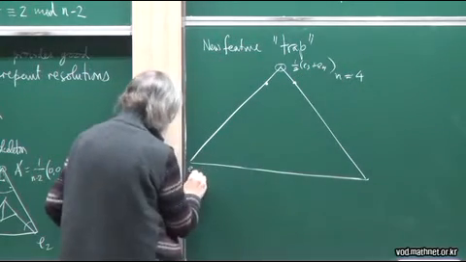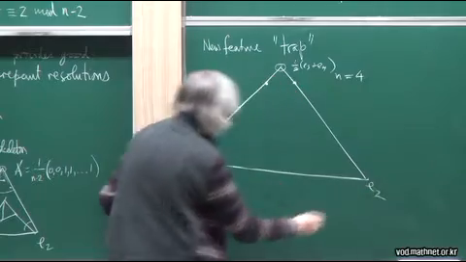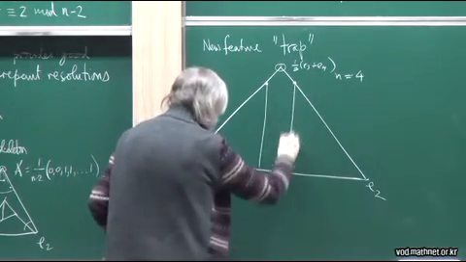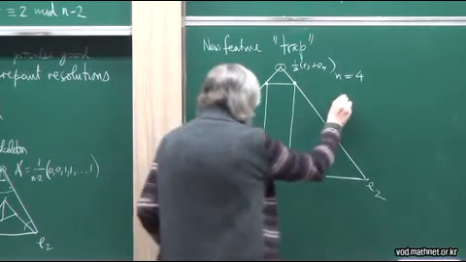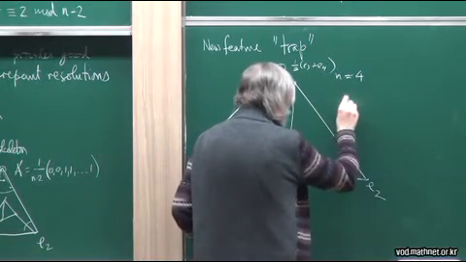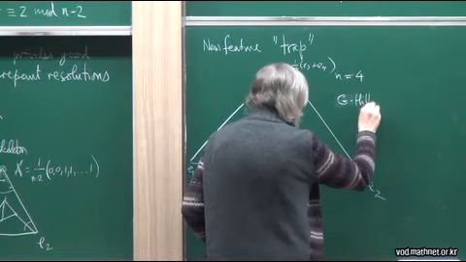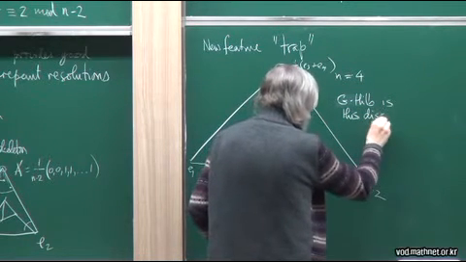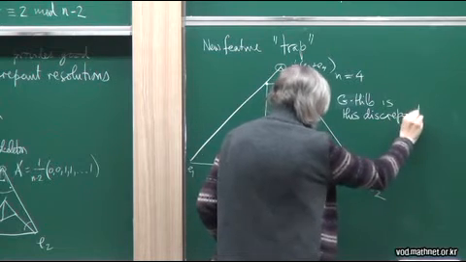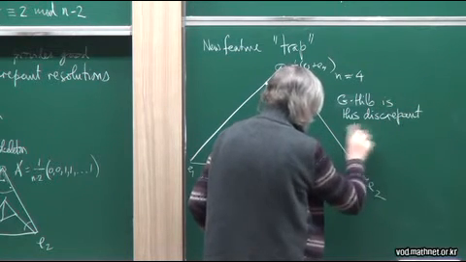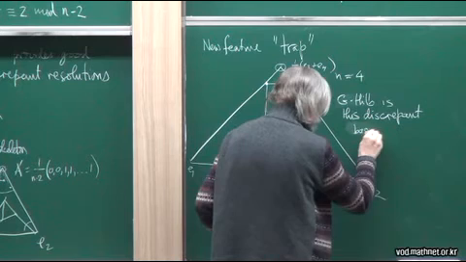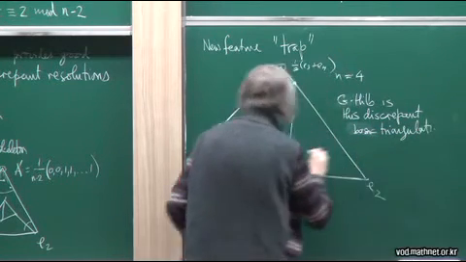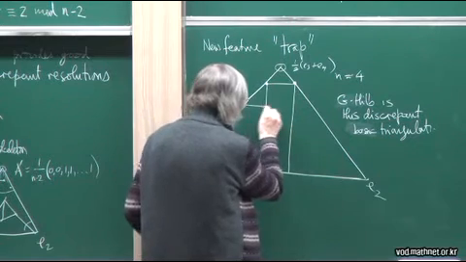This is E1, E2. And the thing I'm drawing is G-Hilb, this discrepant basic triangulation, and it looks like this.